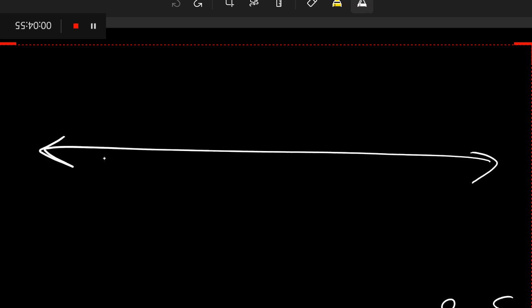Now, what if our answer is negative? How does that work? Well, say something like 5 minus 8. What does that mean? Well, we start at 5. Here's 0.